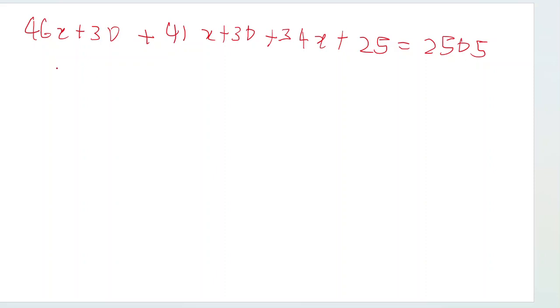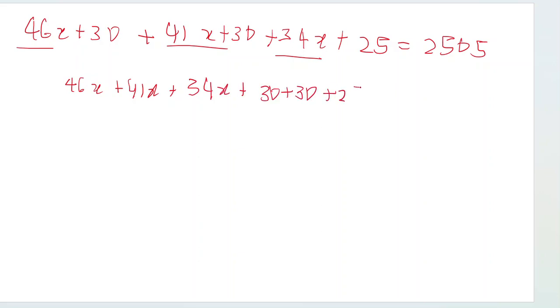So you add all this, you add all the x parts, you will get 46x plus 41x plus 34x, and you add 30 plus 30 plus 25, you will get 2505.